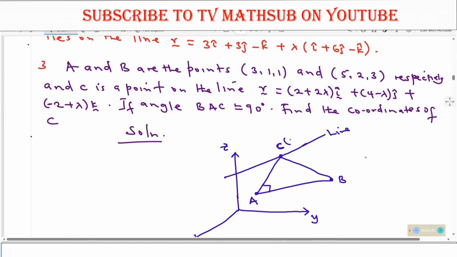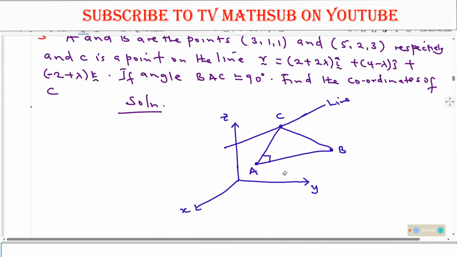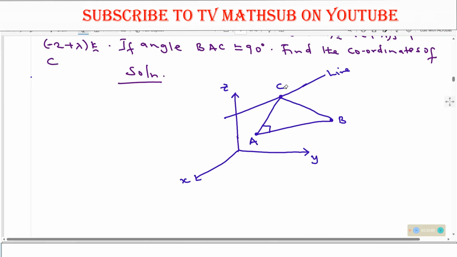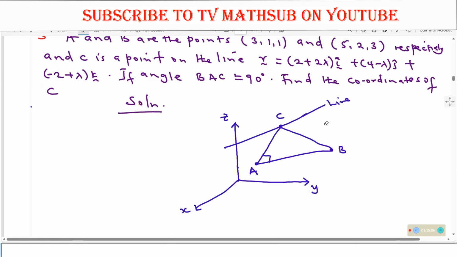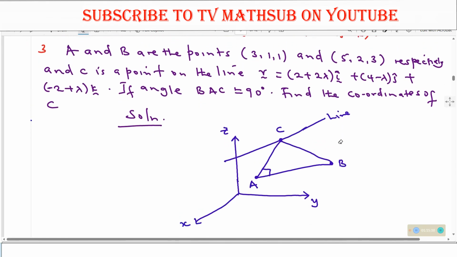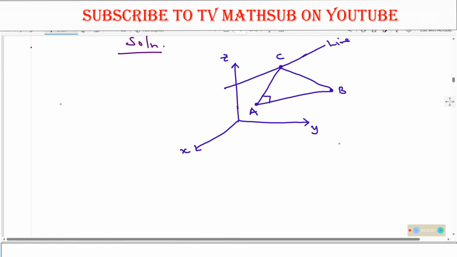I hope it will not confuse you with the other labels, so let us leave it as point C. Now, since we are told that C lies on the line, then C satisfies the equation of the line, isn't it?